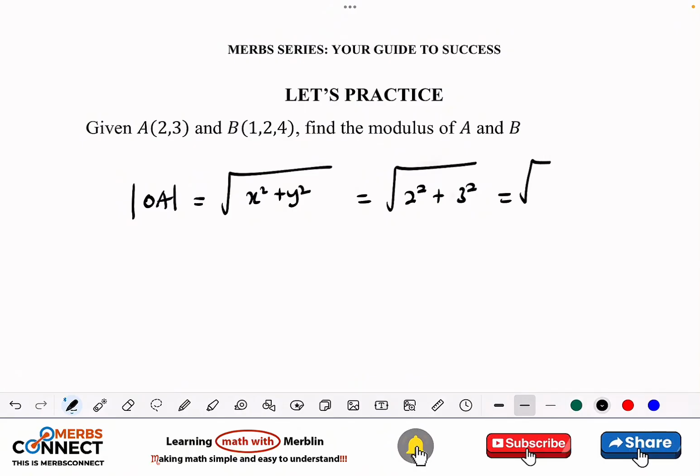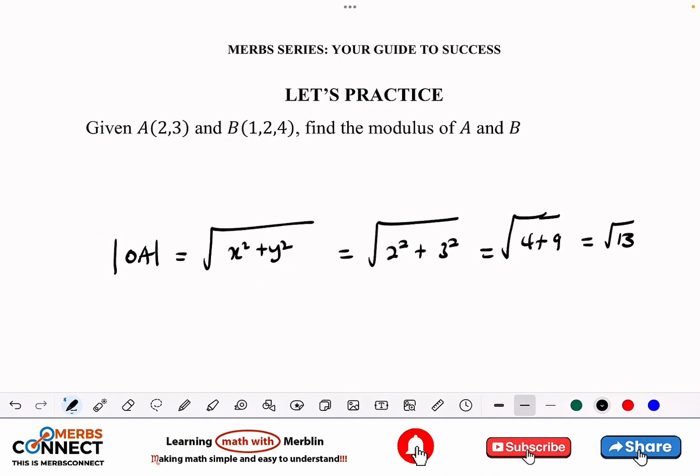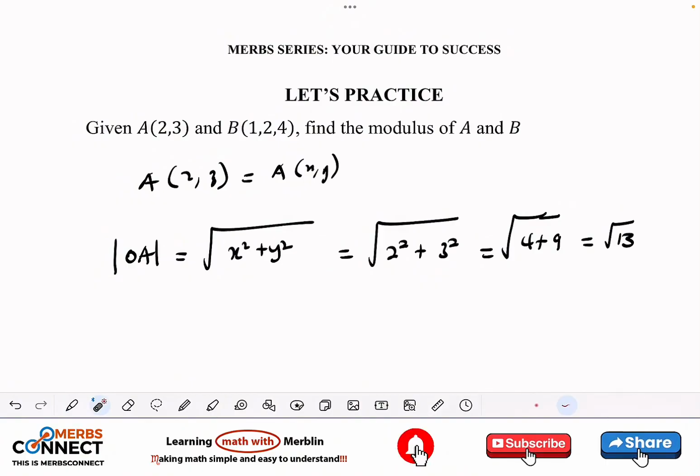This is the same as 4 plus 9, and this is going to be root of 13. So that's what I'm going to get at the end of the day, right? With my point A, which is 2, 3, my x is 2, and my y is 3. So this is the first one.